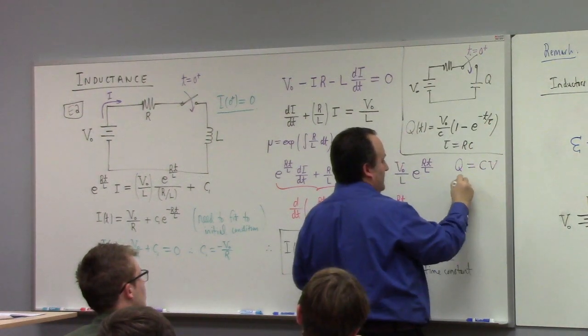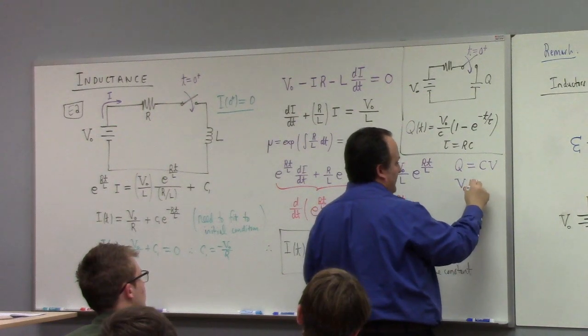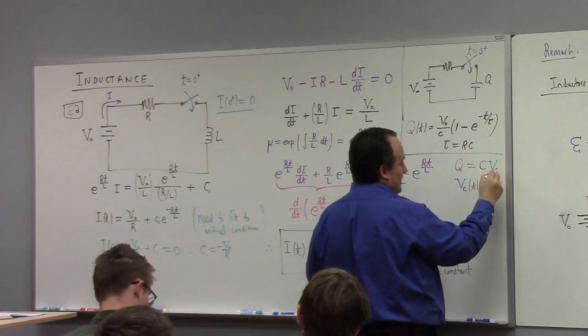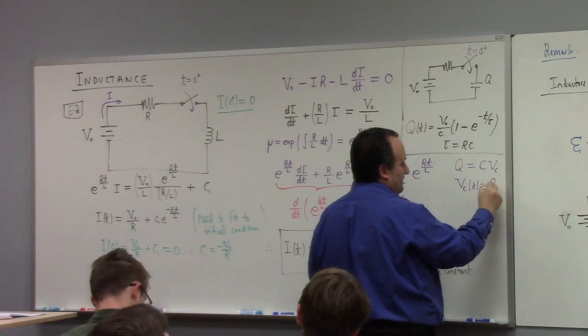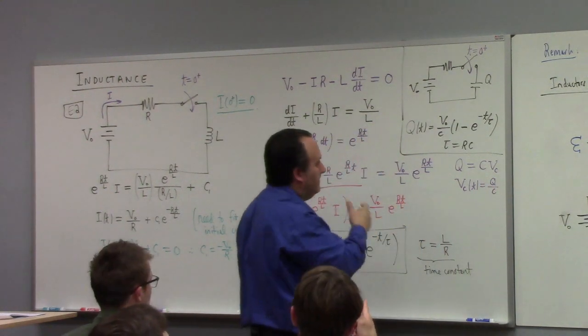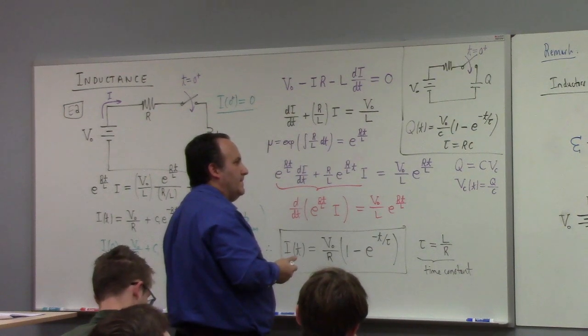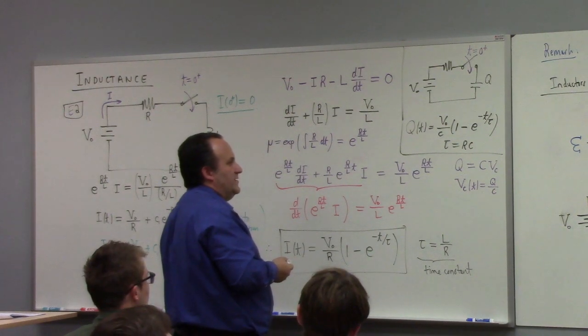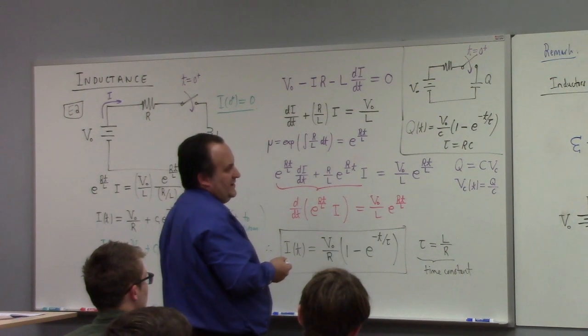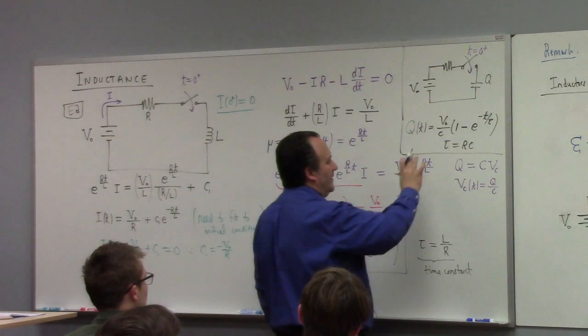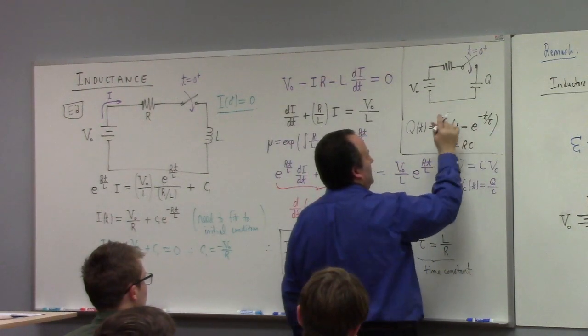All right, so V on the capacitance as a function of time would be Q over C. Oh, did I do it wrong? Isn't it just Q naught times 1 minus e to the minus t over tau? You're saying I should have CV naught? That's probably right. It's been a minute.